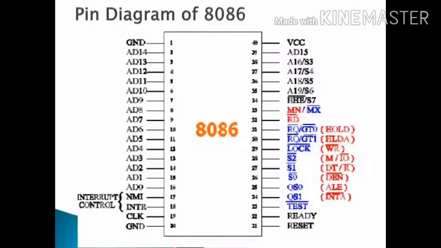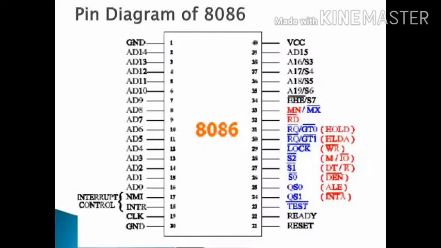Next pin is the ALE pin at pin number 25, which is address latch enable. So 8086 will send out information about the address on AD0 to AD15 during the first clock cycle of the machine cycle, and in subsequent clock cycles 8086 will use the same pins for transmitting or receiving data.